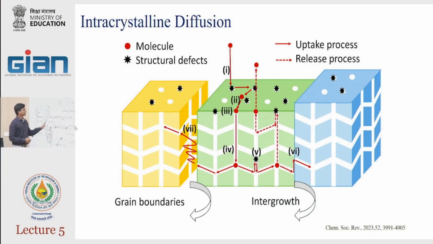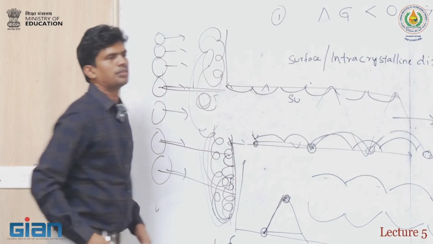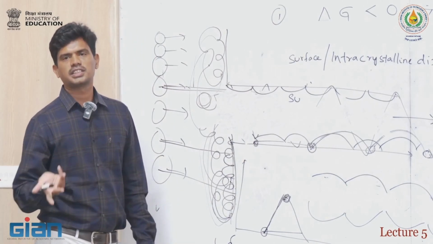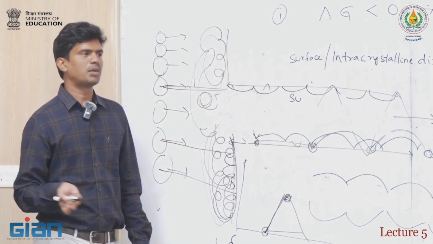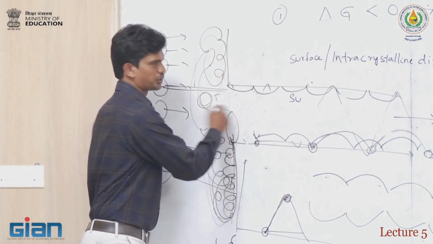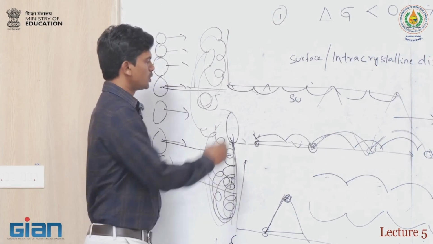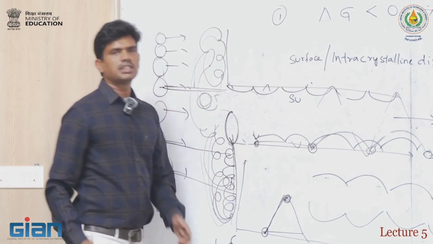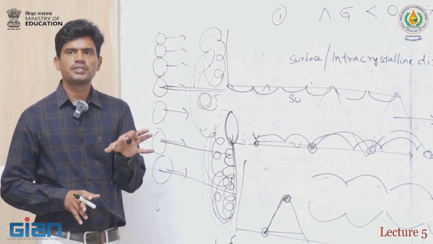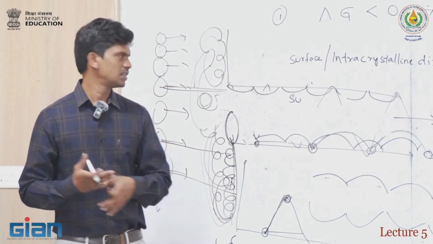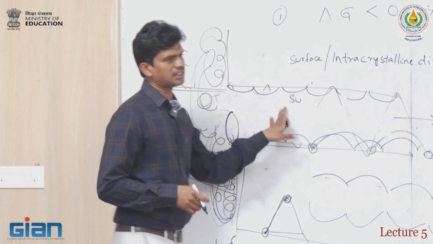Whenever we try to see, there will be so many structural defects. Maybe you have a pore like this, and while synthesizing a crystal like a zeolite crystal, a defect forms in such a way that some of the pore is closed, right? When we compute all the diffusivities based on the ideal structures, what you will get is the ideal case.